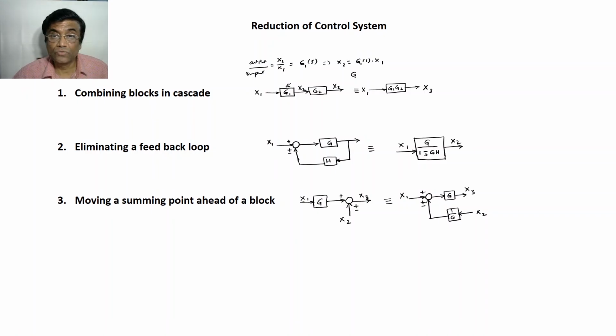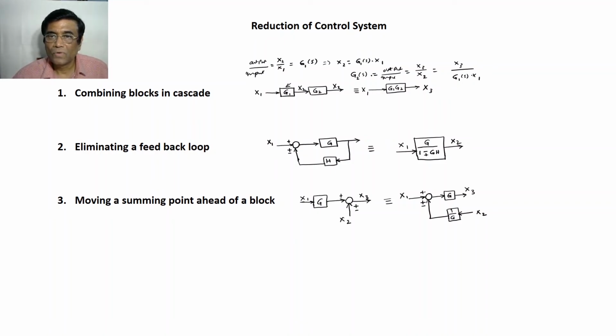So what is G2? G2(s) will be output by input again, equal to X3 by X2. Now X2 in terms of the input signal is G1(s) into X1.